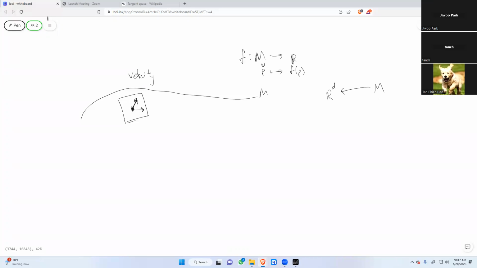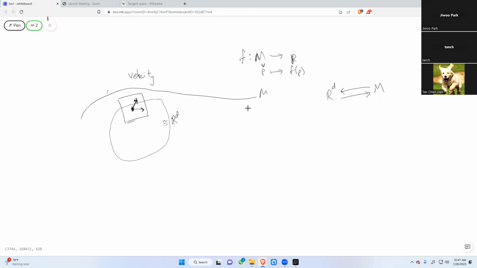And we know that it's invertible, meaning that we can go from R^D to M as well. So there is a local coordinate patch that is homeomorphic to R^D.